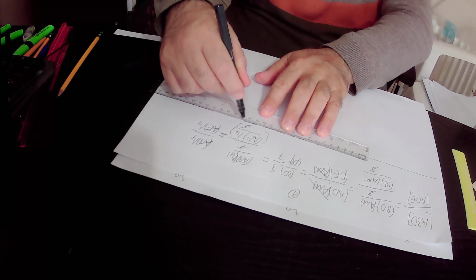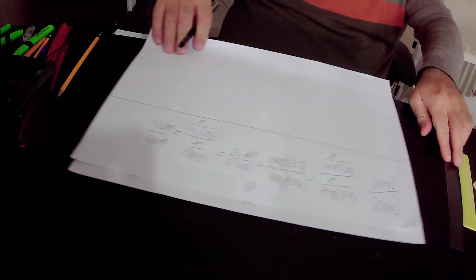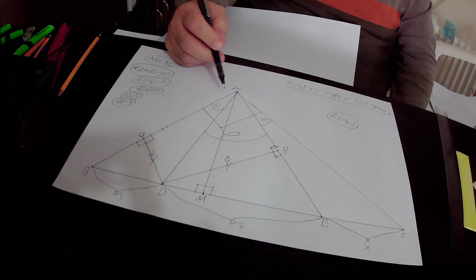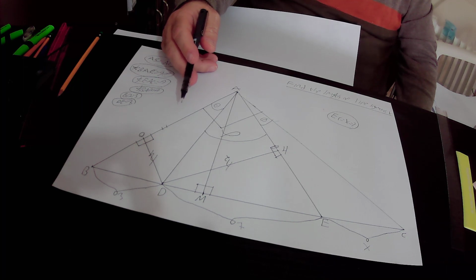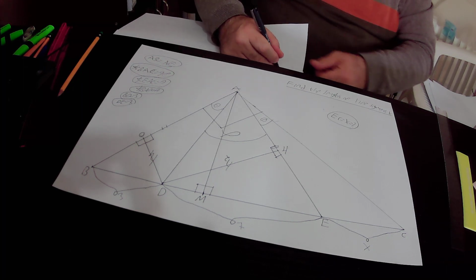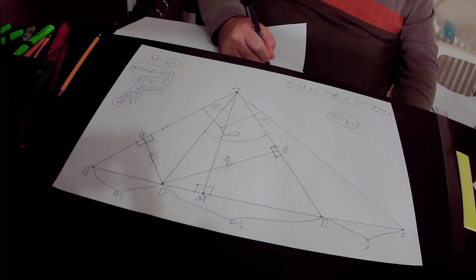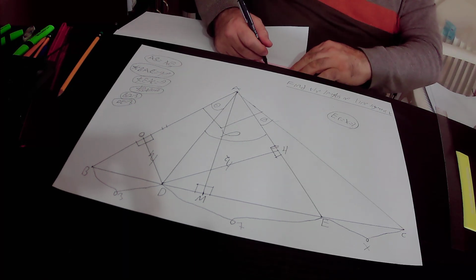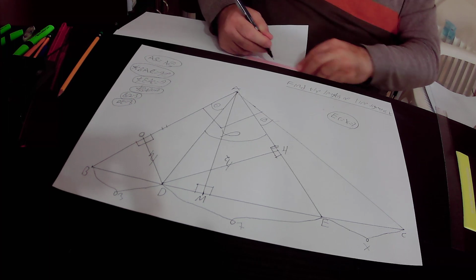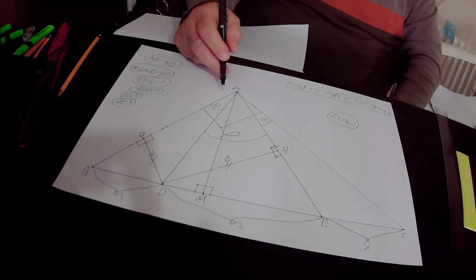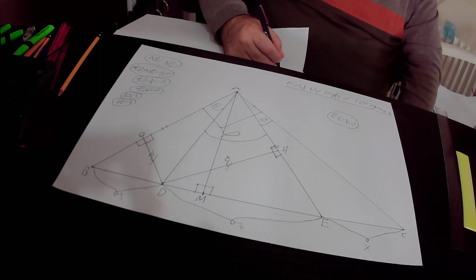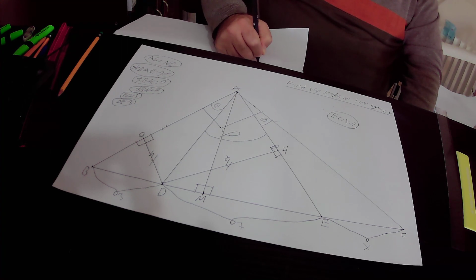So what is the value of edge 1? We will focus on the right triangle, triangle AOK. In the right triangle, triangle AOK, we know that sine theta equals H1 over AD. Sine theta equals H1 over AD.